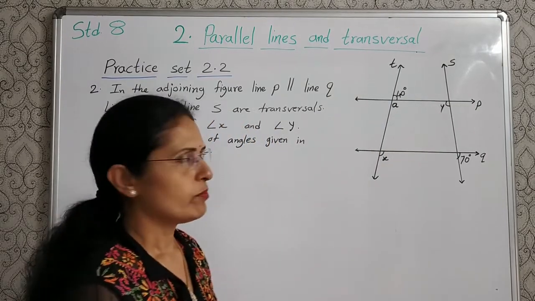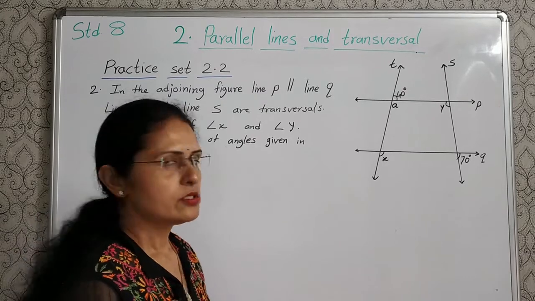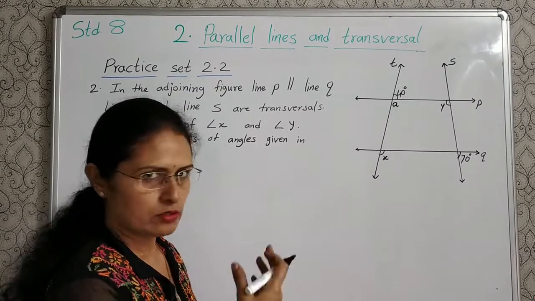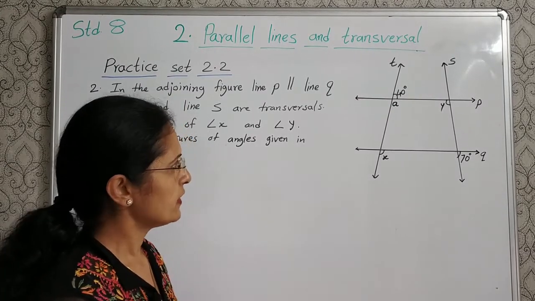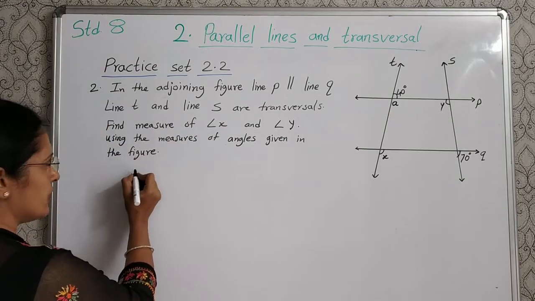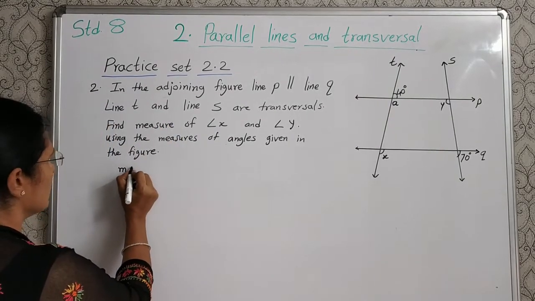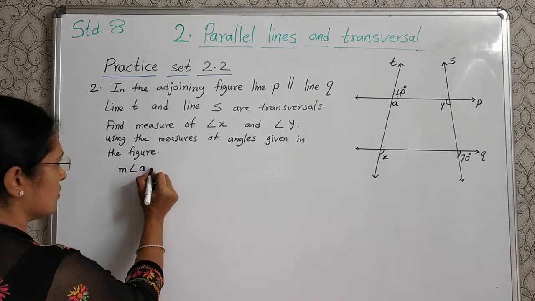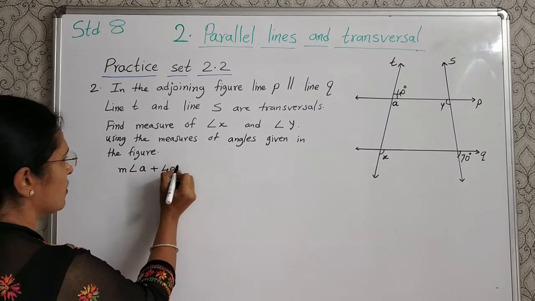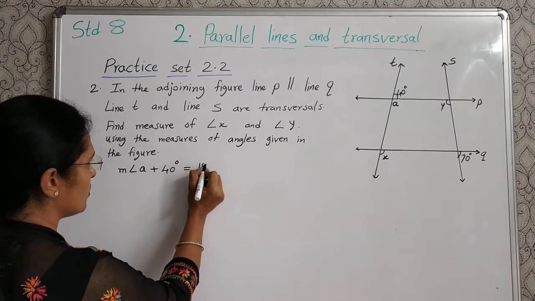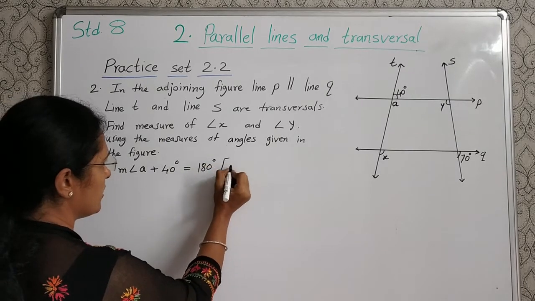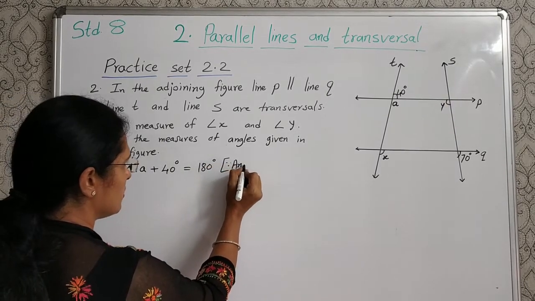So they are supplementary, it means the sum of these two angles is 180 degrees. So first we will find out angle A. So measure of angle A plus 40 degrees is equal to 180 degrees. Write the reason here: angles in linear pair.